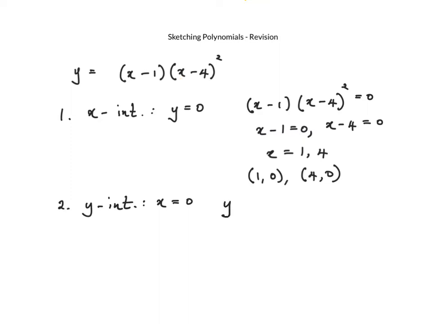That gives me y equals minus 1 from the first bracket and minus 4 squared. So that's minus 1 times 16, minus 16. So we have a y-intercept then at (0, minus 16).